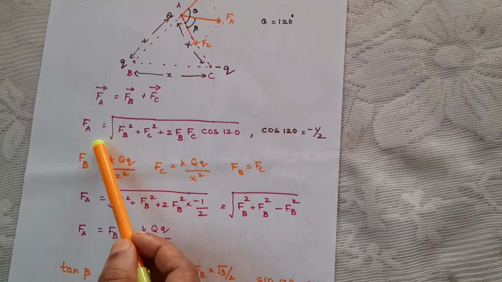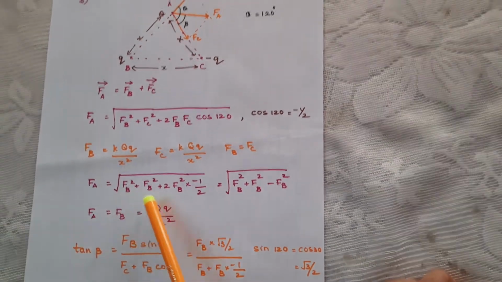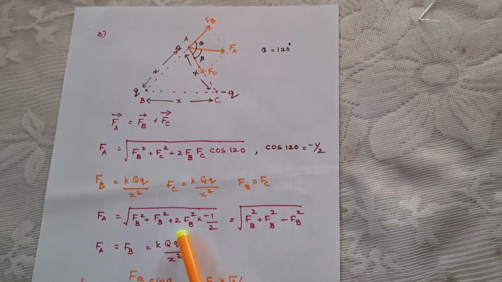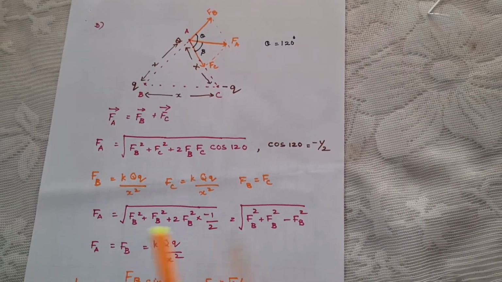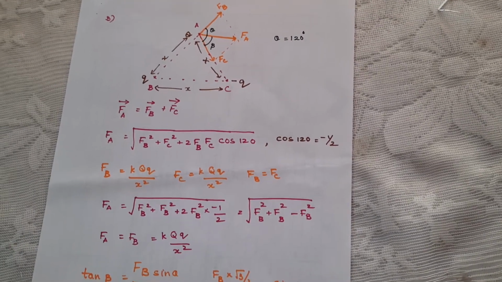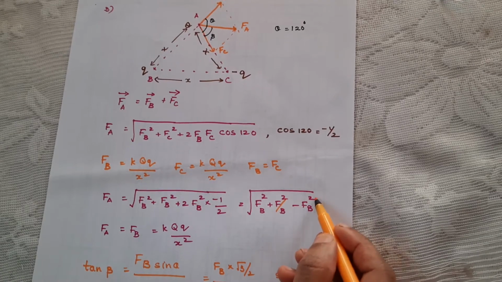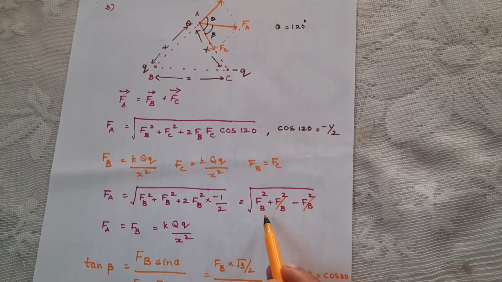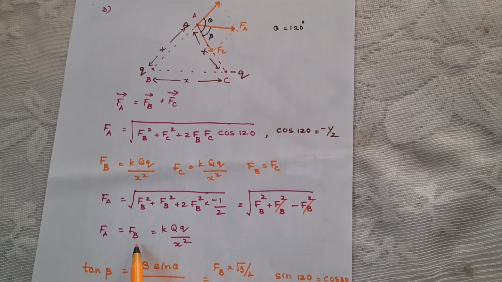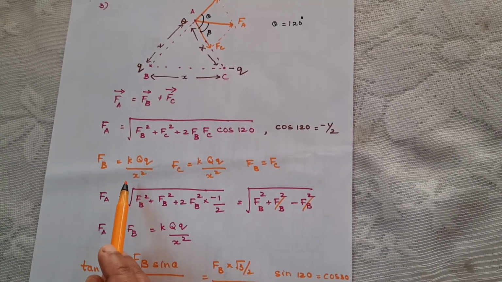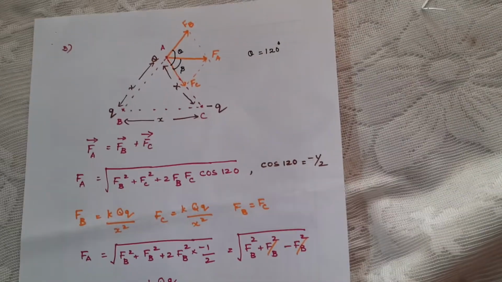So let us find the magnitude of Fa is equal to root of Fb square plus 2 Fb square into minus half. So root of Fb square plus Fb square minus Fb square. So it is root of Fb square, or Fa is equal to Fb. That is equal to K into Q cube by x square.